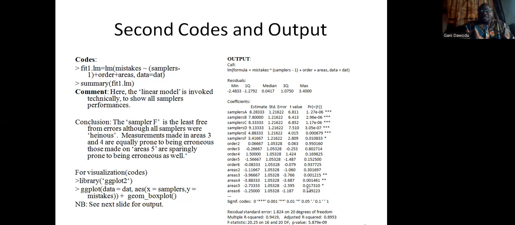See, but also area 5 is prone to error. Samples taken from area 5 are prone to error, but area 6 is free. See, area 6 is just okay.